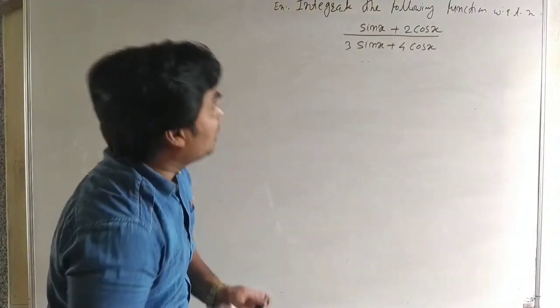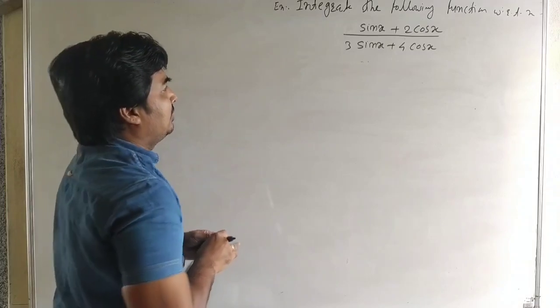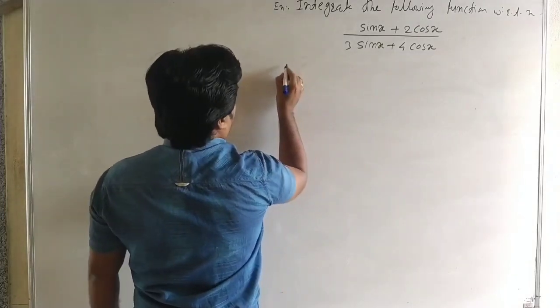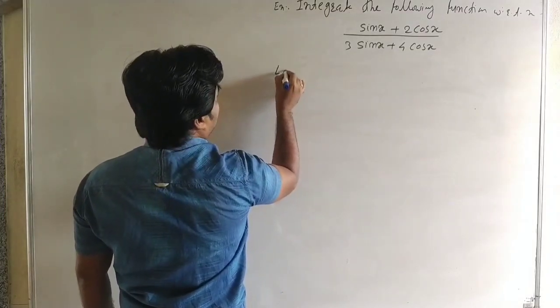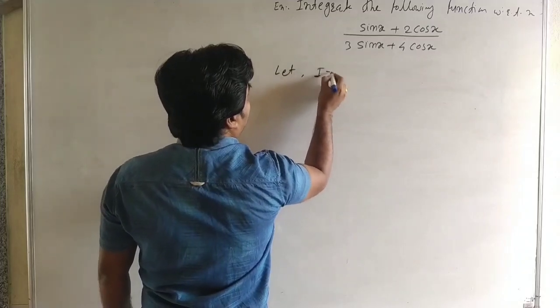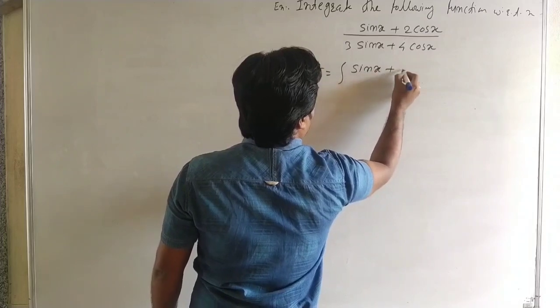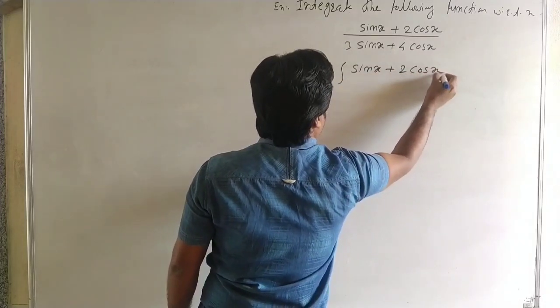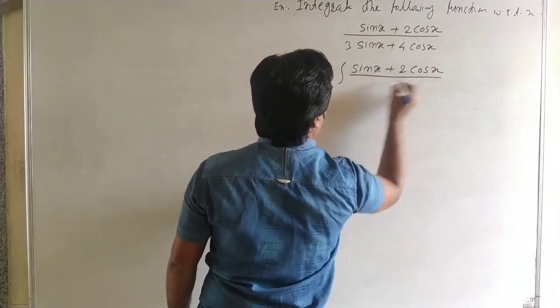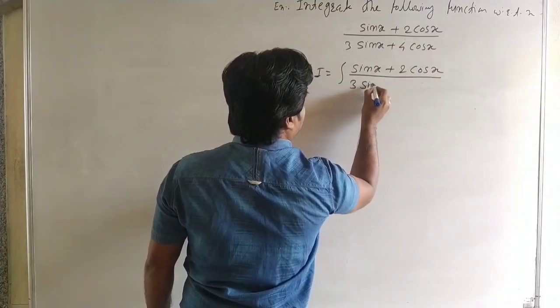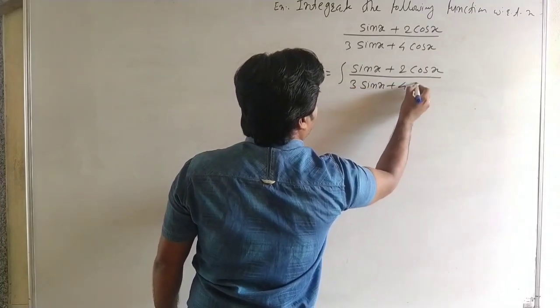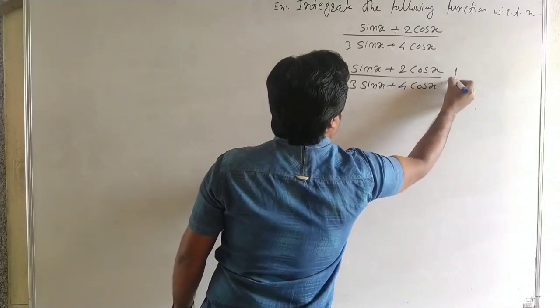To find the integral of this function, let I be equal to the integral of (sin x plus 2 cos x) upon (3 sin x plus 4 cos x) dx.